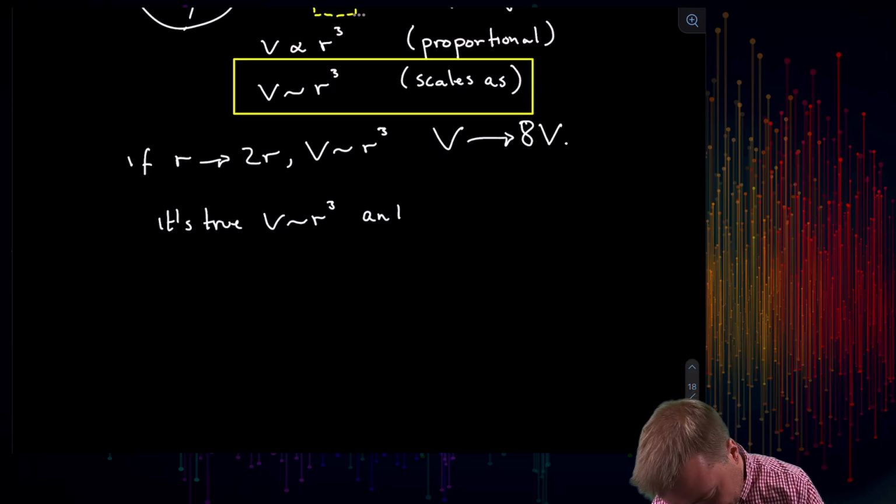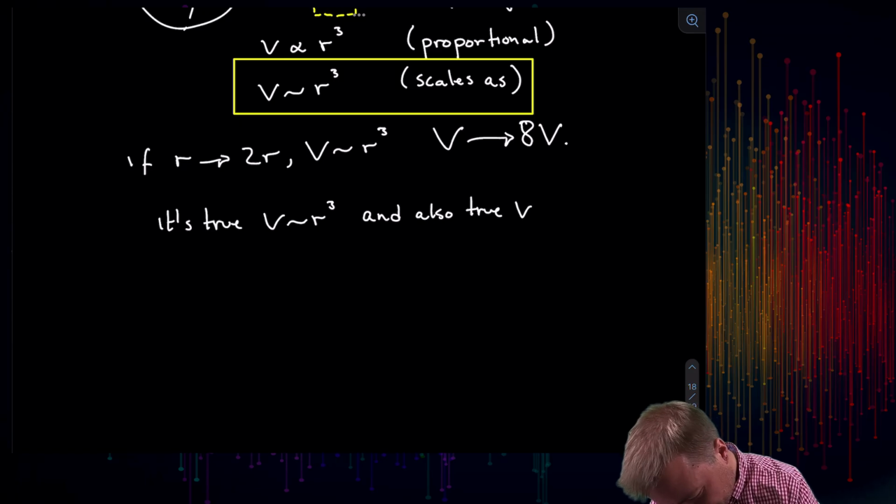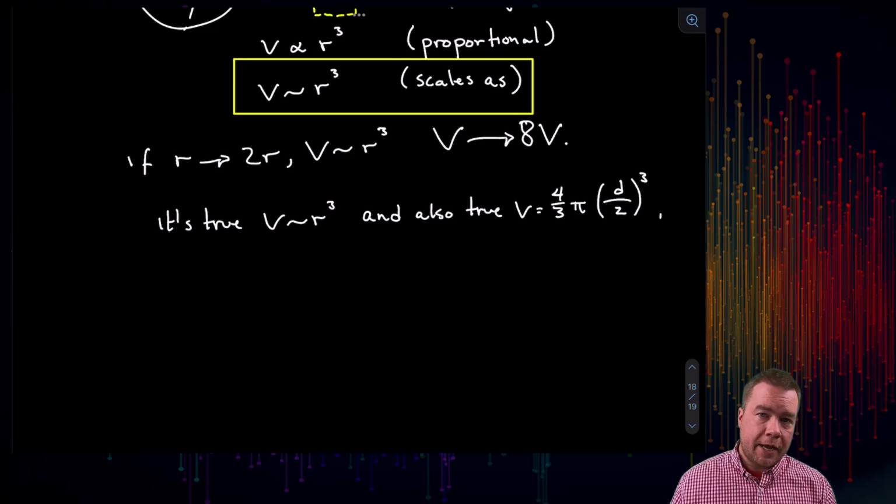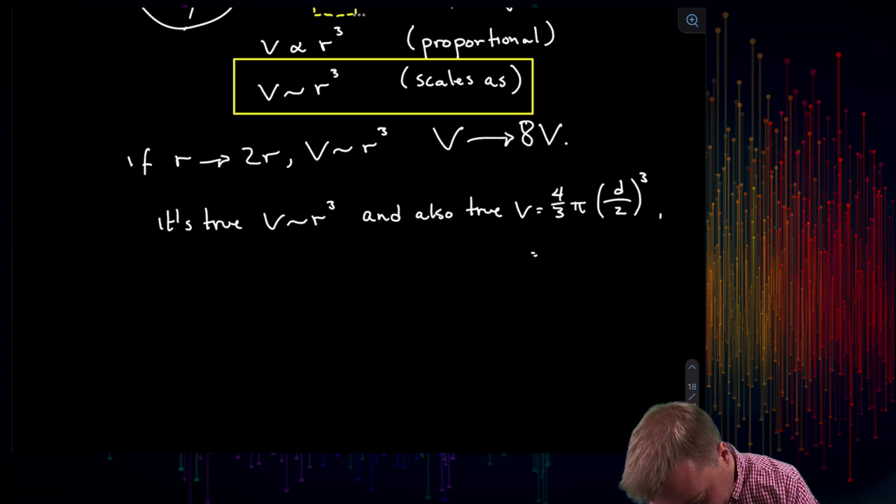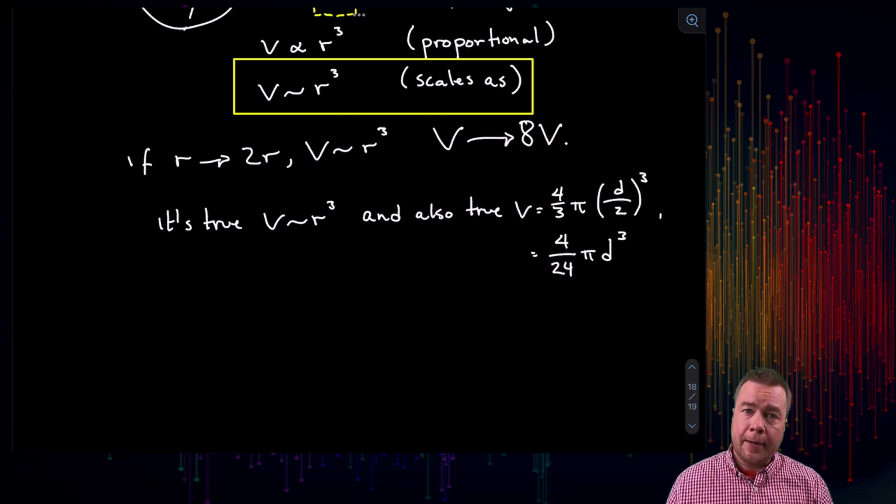and it's also true that volume is equal to 4/3 pi times diameter over 2 cubed, right? Because radius is just diameter over 2. So this comes out to be 4/24 pi d cubed, right?